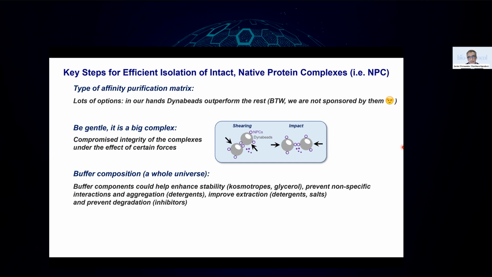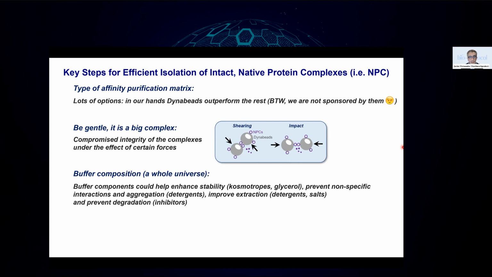In that case, again, you can go to some of the literature that I mentioned before, and you can see that there are many components that you can use. Some of them will help enhance the stability of your complex, like cosmotropes or glycerol. Some will be useful in preventing non-specific interactions or aggregation between the complexes, like certain types of surfactants and detergents.